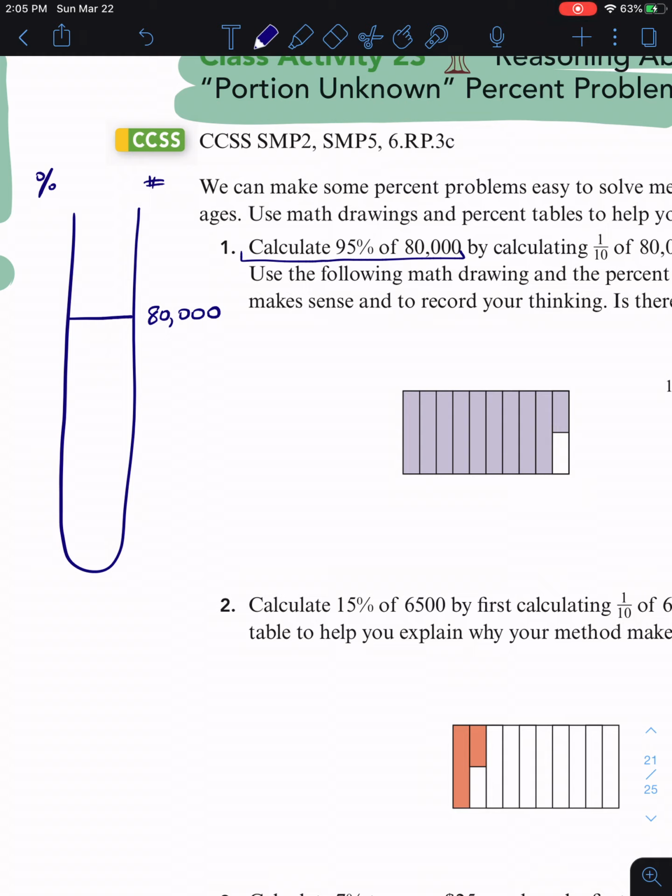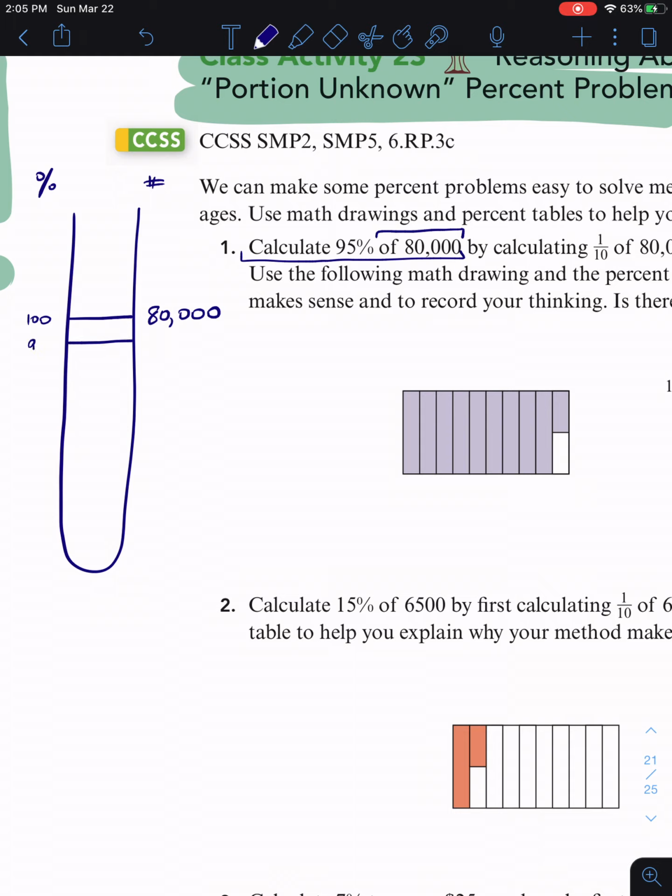What percent is that? The fact that we have this "of" here suggests that 80,000 is our whole. And we know that the whole in terms of percent is 100 because each percent is a hundredth, and we need 100 of them to fill the whole. So that's where we know 80,000 is 100%.